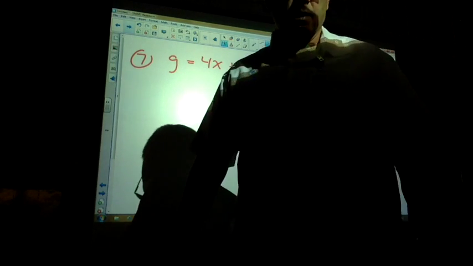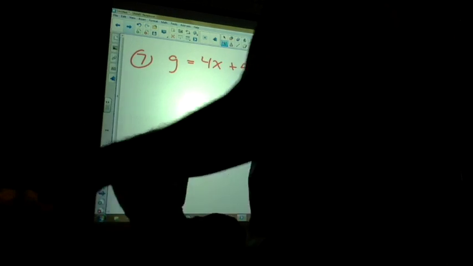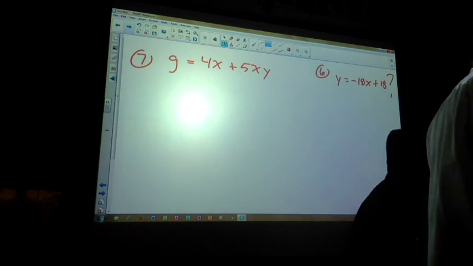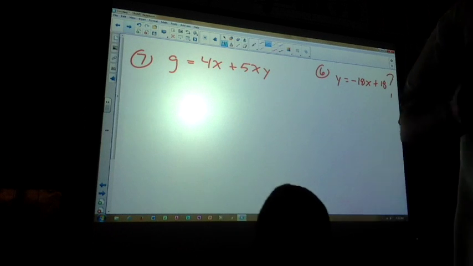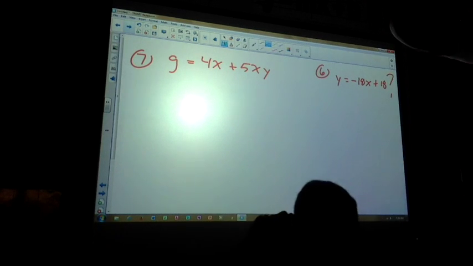Is it 18x minus 18x? Or 18 minus 18x? I got y equals negative 12 plus... Hang on. I did it in my head, so I might have goofed things up.